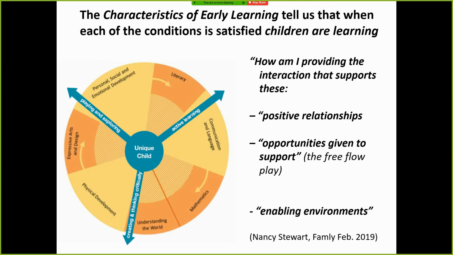So when Nancy Stewart described it in an article recently, she said practitioners should be asking themselves, how am I providing the interactions that support these? What positive relationships, what opportunities given to support, what enabling environments? So that isn't to do with something inside the child, but something that the practitioner's doing to make learning happen.